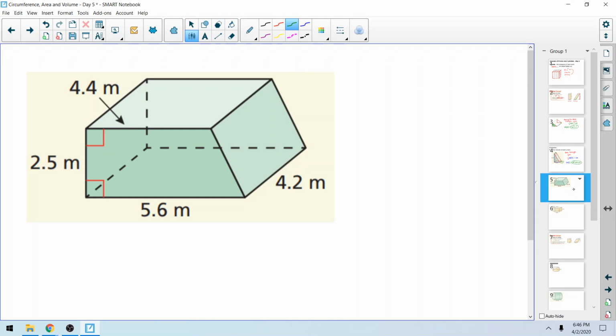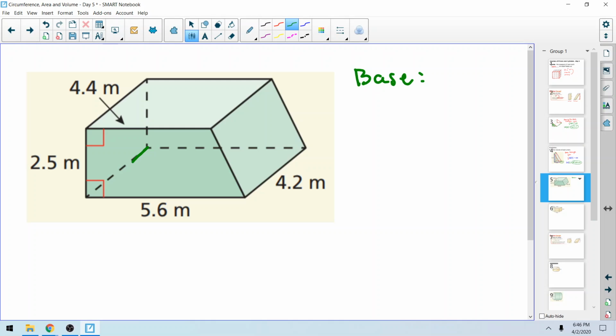Volume, area of the base times the height, which means we need to find the base. Once again, think to yourself, the base has to be the same on the top and the same on the bottom.